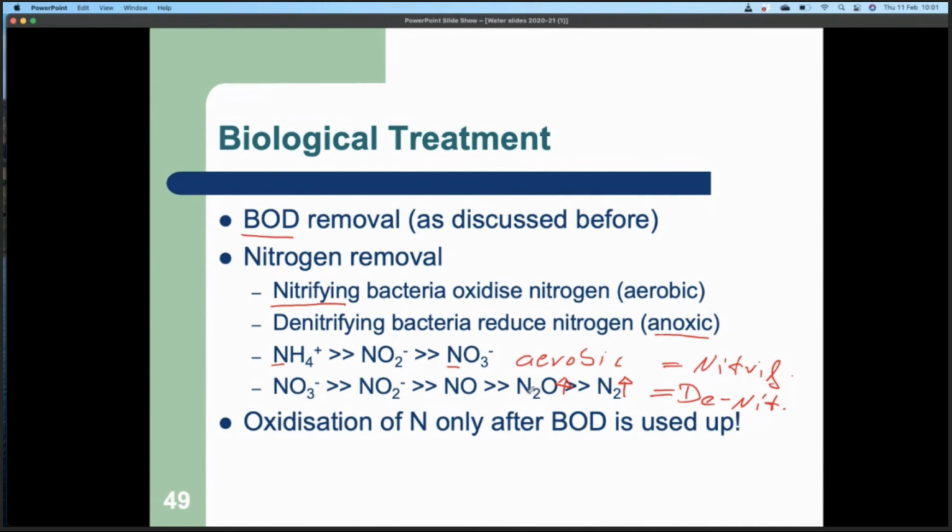The problem in a way is that it's very hard to measure what happens exactly in a sewage works, and conventional monitoring will only do one or two things. It will measure ammonia in water. So if you measure ammonia in water before and after a sewage works, and if you find that the ammonia is removed at the end of the treatment, you might say, hey, we have achieved nitrogen removal. But all you might have achieved is the creation of nitrate.